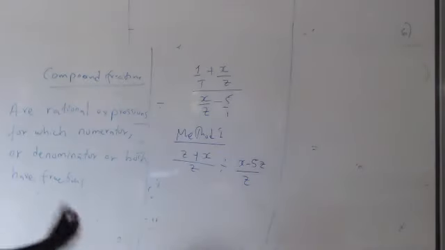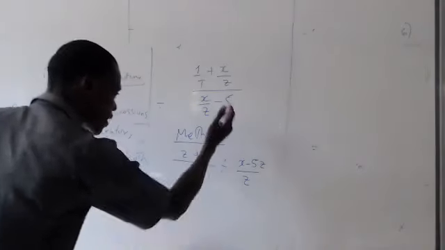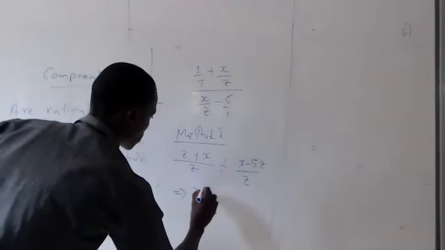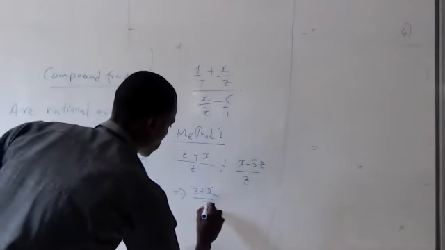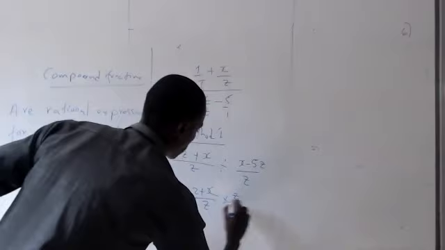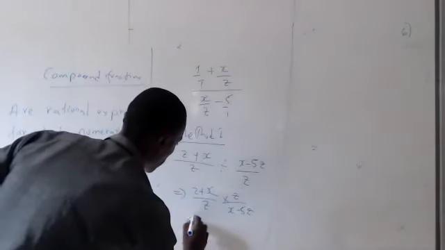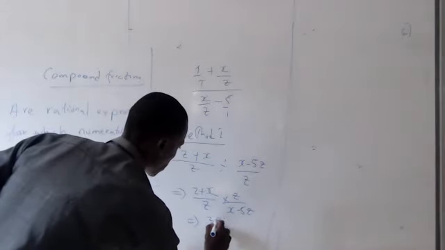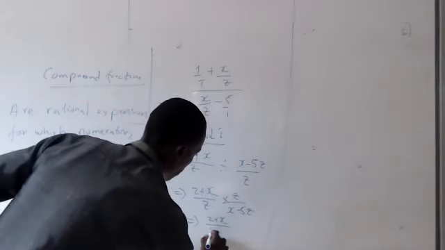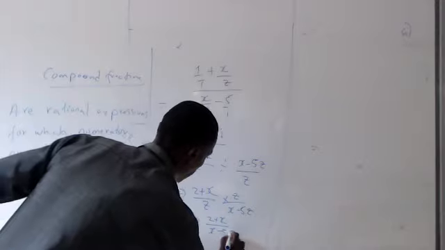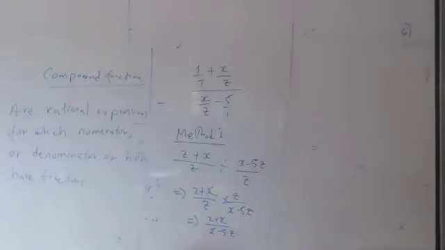And then we have just done division. So we invert and then change the operation. So this should be times z divided by x minus 5z. Z and z cancel, you get z plus x divided by x minus 5z. That is the first method.